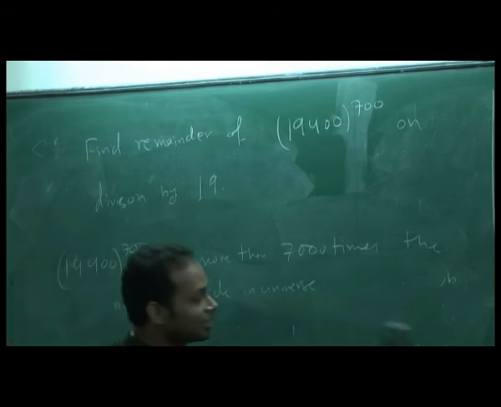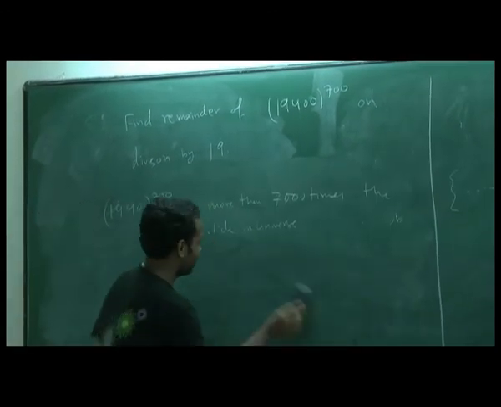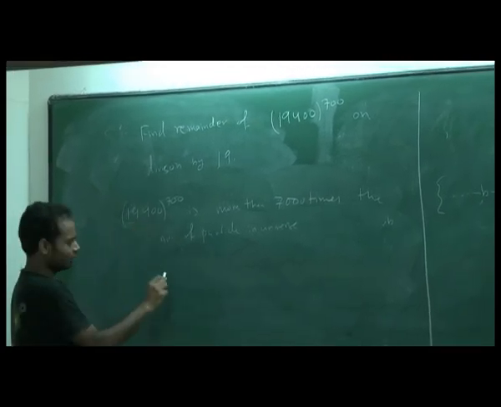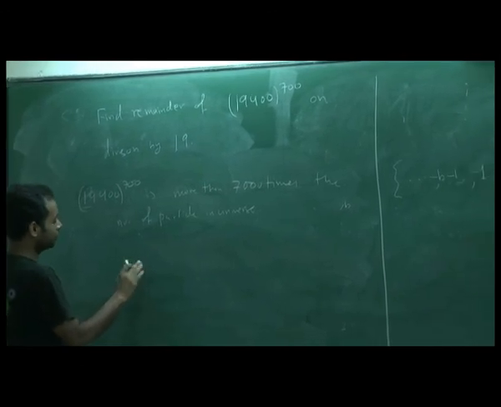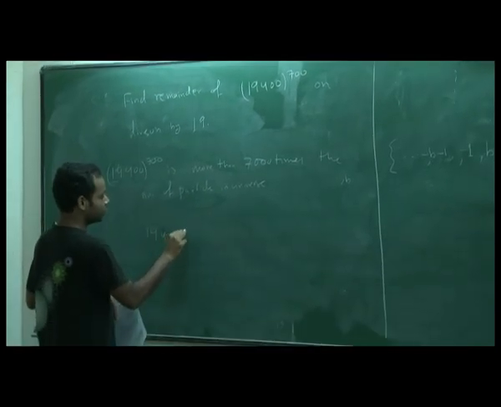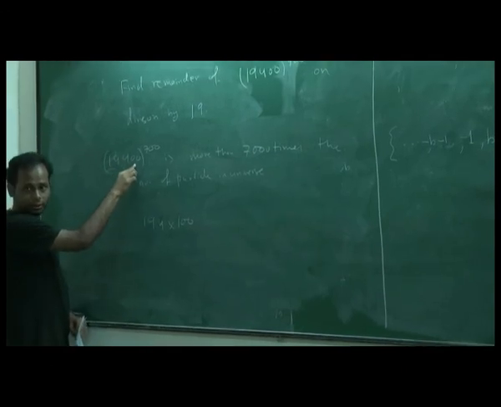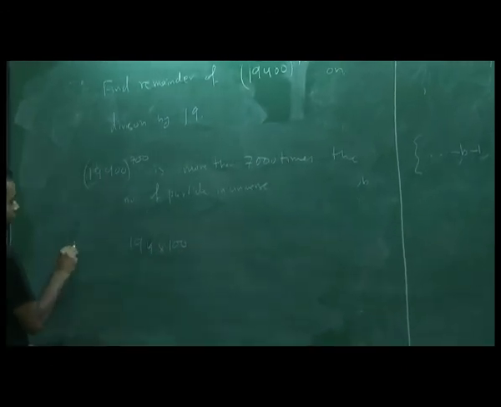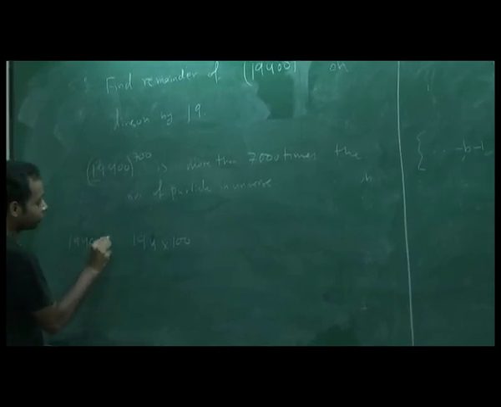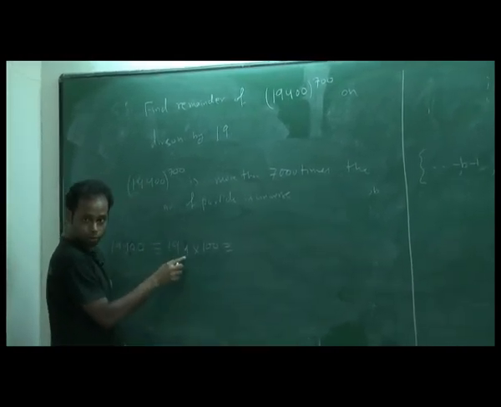So let's divide this very big number by 19, and we'll get the residue. I'll do some small tricks. I see there is a 19 here. So I write it as 19 into 194 into 100. Okay, I'll just see what is the residue. So 194,000 is congruent to this, and this is congruent to 4.